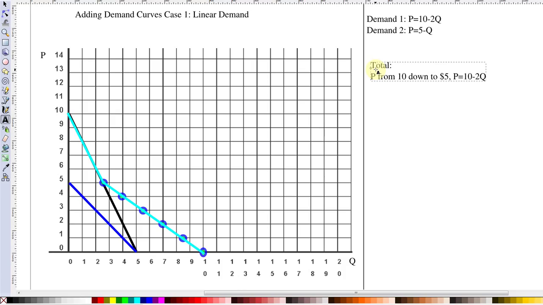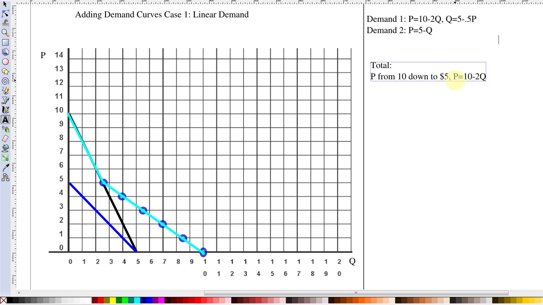Or the textbooks sometimes like you to instead write the demand function instead of the inverse demand. So let me just go ahead and solve this for Q. The demand equation would be Q equals 5 minus 1/2 P, right?